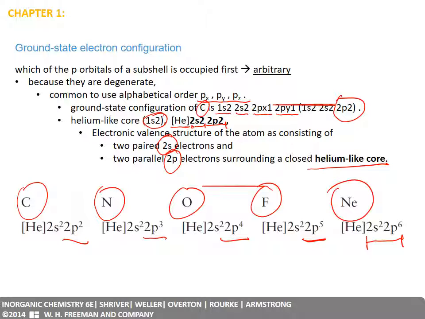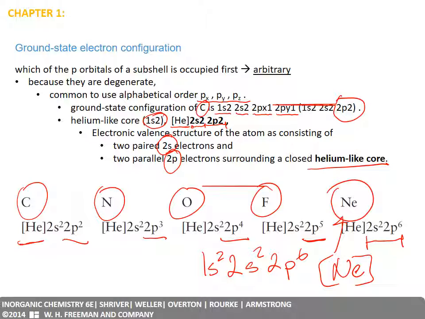The configuration of neon is basically 1s2, 2s2, and then 2p6. So this is neon, and anything that comes beyond neon, we can use neon as a core instead of helium, as in the case of carbon, nitrogen, and oxygen.